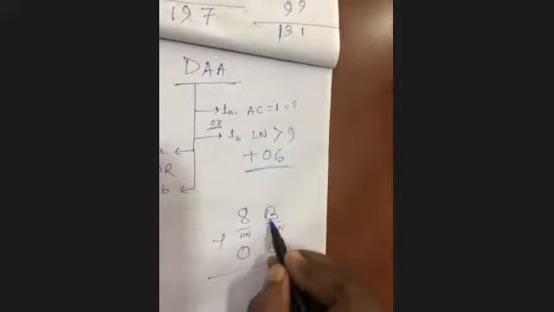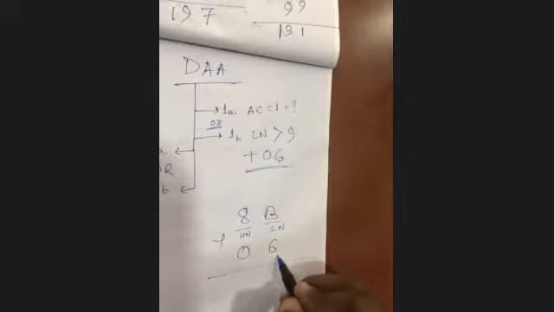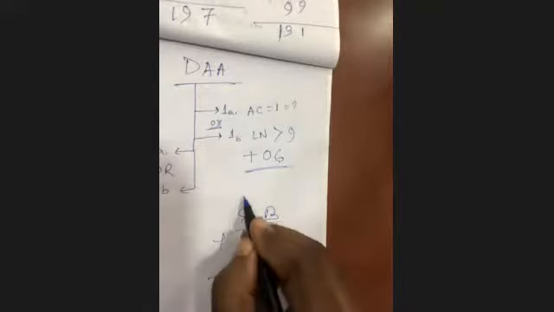Add in hexadecimal form. B means 11. 11 plus 6, how much? 17. 17 means 16 plus 1, so 1 with carry 1. And 9. That's 1, 9. The result is 91.